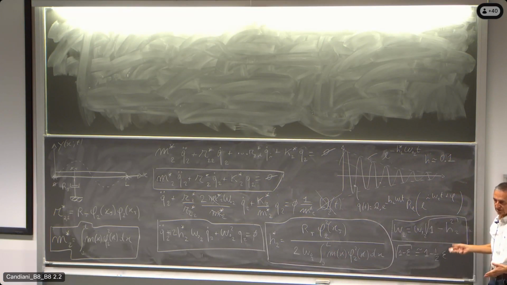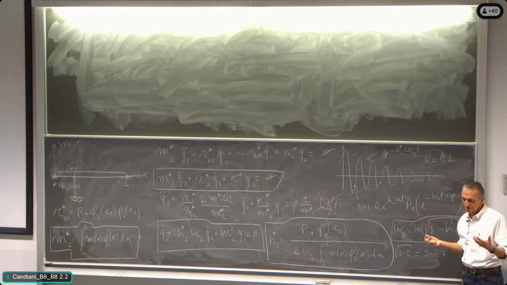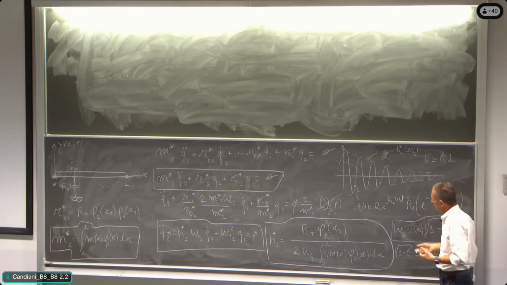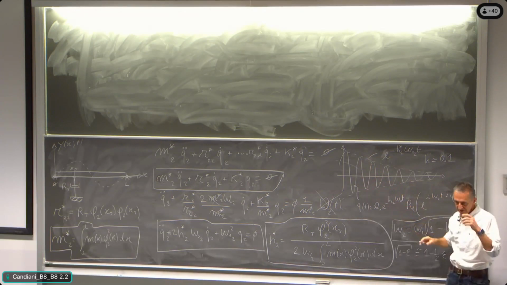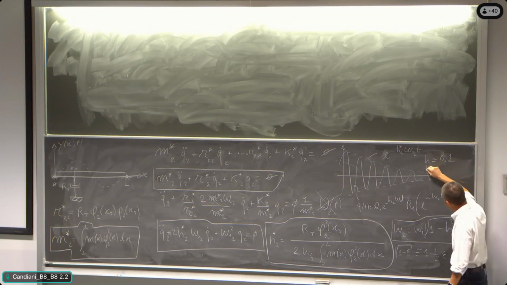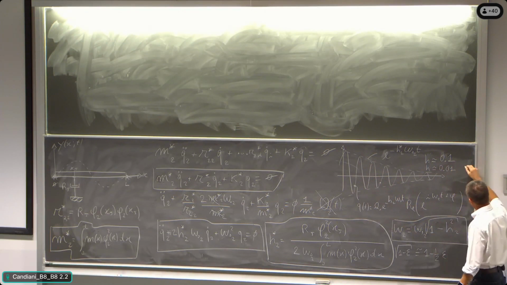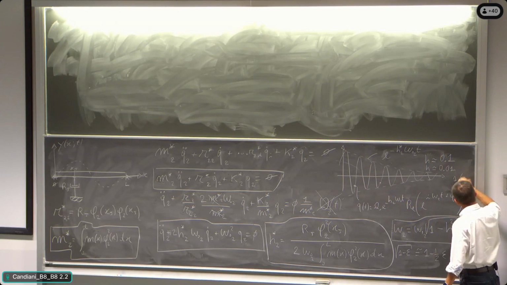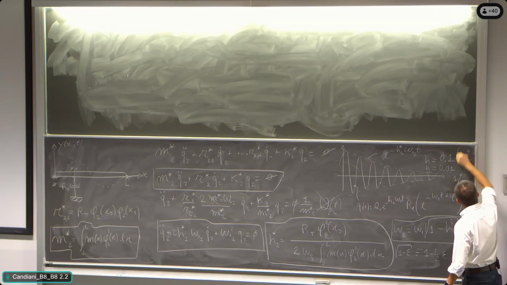Why? Because we make the calculation, and we must know those kinds of things. In case it takes 1 cycle to make 1/2 the amplitude, the non-dimensional damping is 0.1, 10%. If it takes 10 cycles to make 1/2, the damping is about 1%. So this is 1%, and this is 10%.